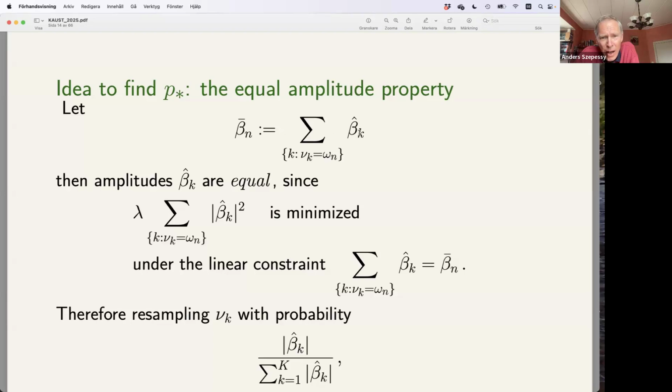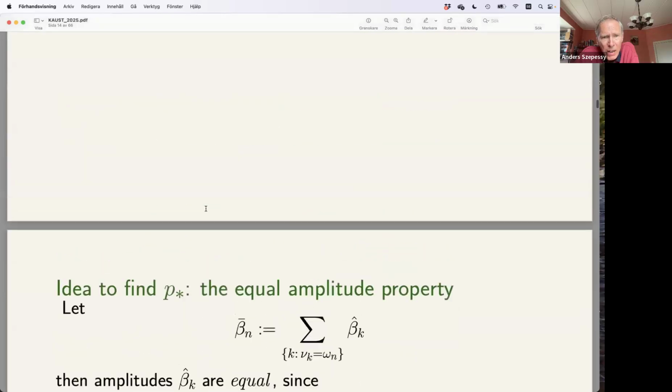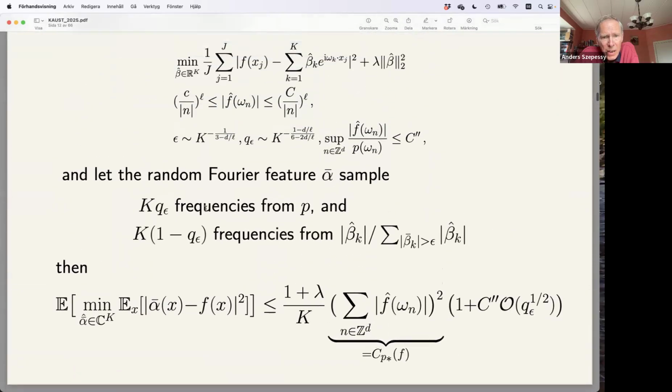These are the amplitudes corresponding to the same basis function. They have the property that the amplitudes are actually equal. And this is because we have the penalty in the minimization.